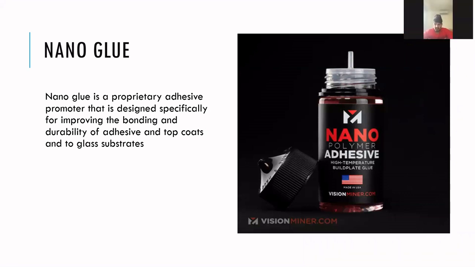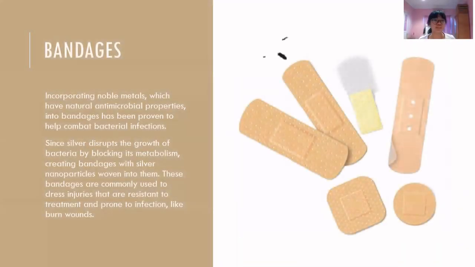NanoGlue is a proprietary adhesive promoter that is designed specifically for improving the bonding and durability of adhesive and top coats to glass substrates. Bandages incorporating novel metals which have natural antimicrobial properties have been proven to help combat bacterial infections.